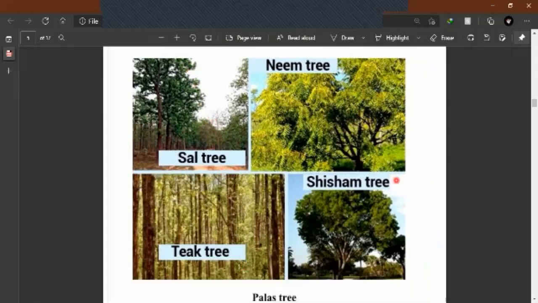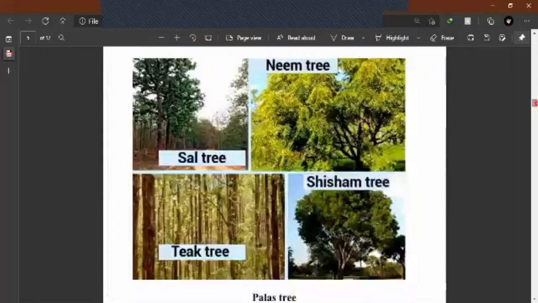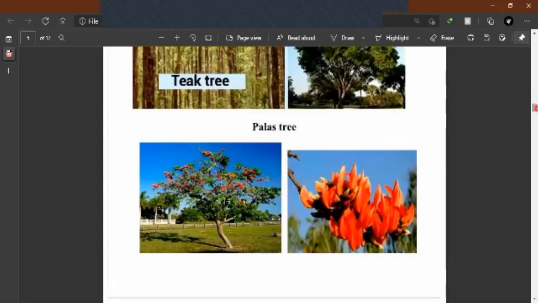Sandalwood, used for perfumes, cosmetics, religious material. Number 4, Semul, that is used in packing boxes or match boxes. Number 5, Palas. Its flower is used as a dyeing agent and it is also used for medicinal purposes. And number 6, eucalyptus, that is used in paper industry and having medicinal value.